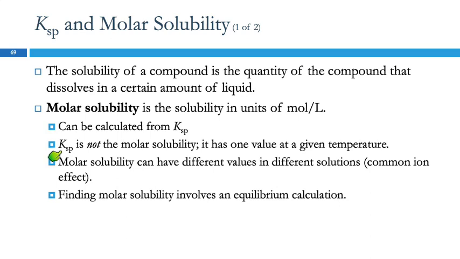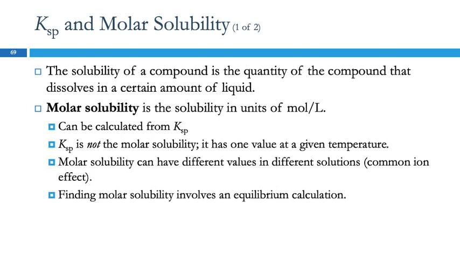It's important to note that KSP is not the molar solubility. KSP has one value at any given temperature. The molar solubility at that same temperature can be different depending on what else is in the solution, the common ion effect.